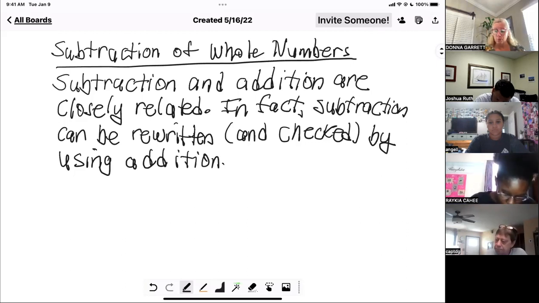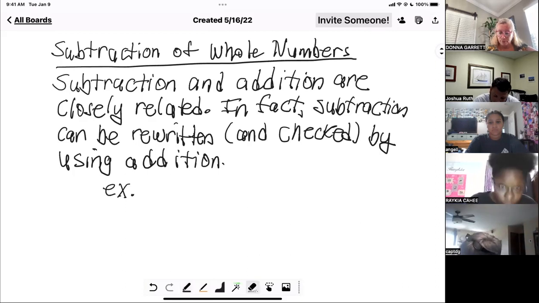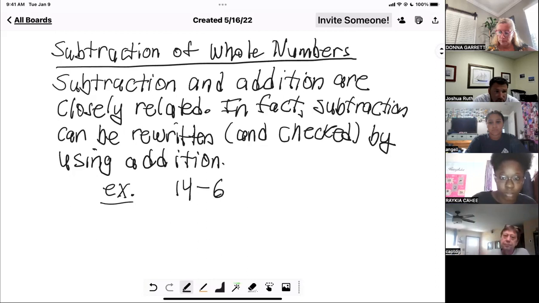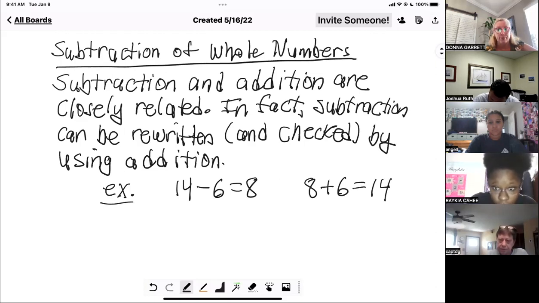I'll show you too when we get to some problems, but for example, say you subtract 14 minus 6 and you say it's 8. If you really want to check it, go backwards, do 8 plus 6 and add that in your mind, and you'll see that you were right.